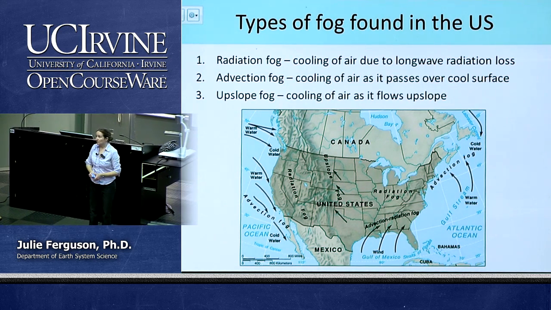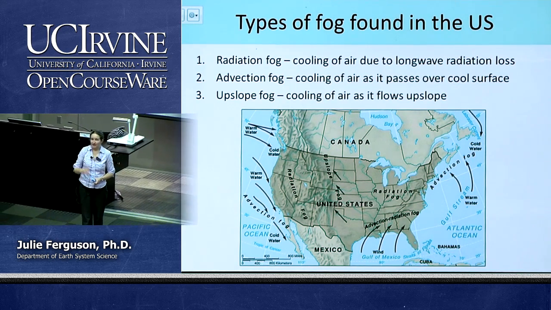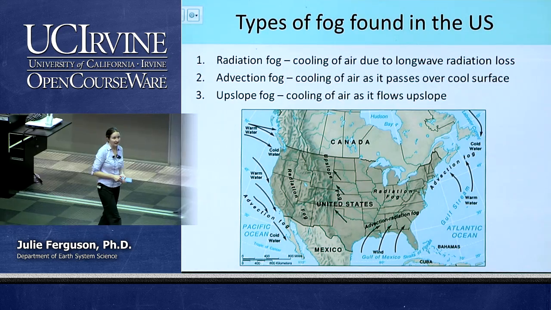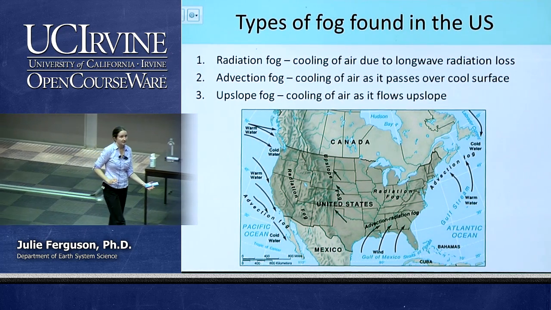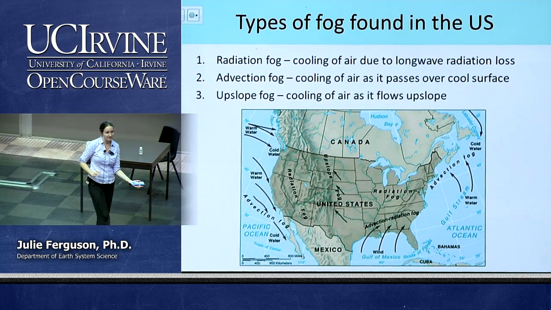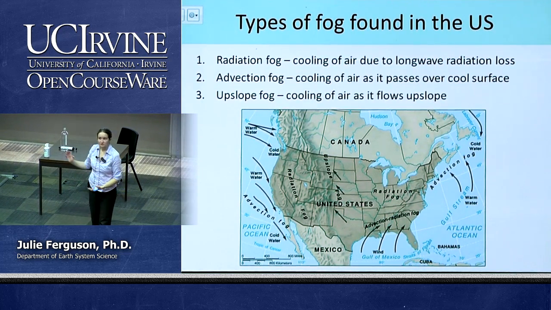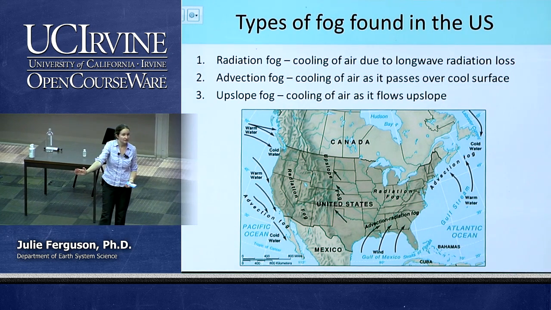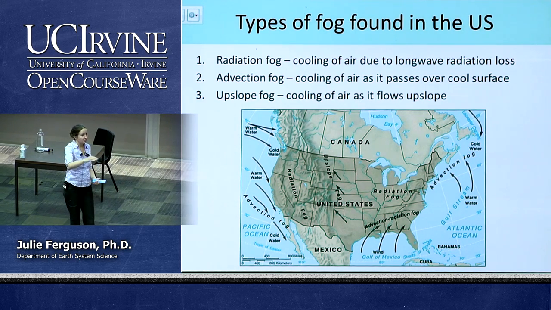Advection fog is what we get here closer to the coast. It's what you get in San Francisco. And here, we're changing the temperature of the air. We're cooling that air down by moving it across a really cold surface. And where can you find a really cold surface in San Francisco? If you go out over the water. So if you have that air moving across the really cold ocean, it also cools down the air, and so we move closer to saturation.